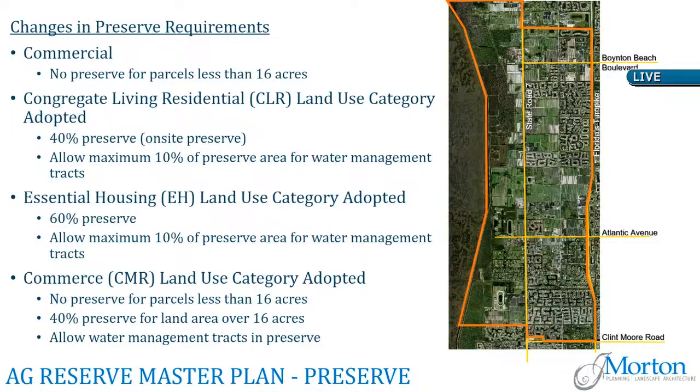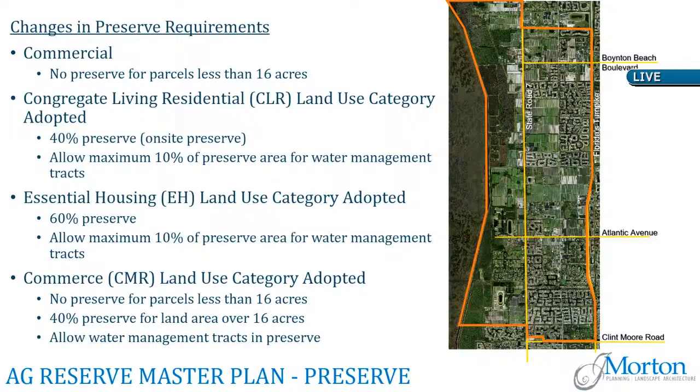The CLR actually reduces the preserve requirement from 60% to 40%, and they actually allow 10% of the water retention to be located in the preserve area. Essential housing, some of you were on the board when that land use category was approved to provide workforce housing in the Ag Reserve. The 60% preserve was maintained, but they provided flexibility to allow water retention in preserve areas.